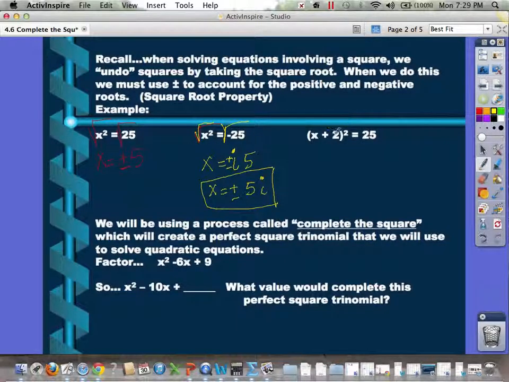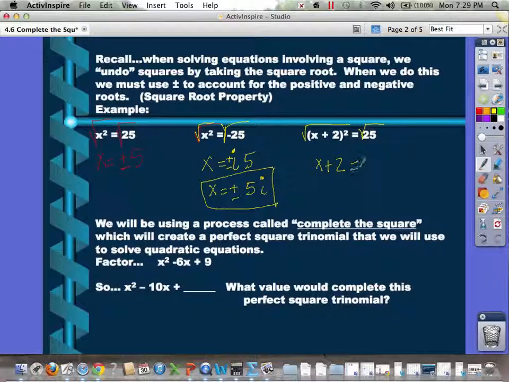All right, and then this one, we have this whole thing being squared. Well, we can take the square root of that and get rid of this little square. And if we do that, we have to do it to both sides. When we do that, all it leaves is just x plus 2. Nothing else we need to do, just x plus 2.